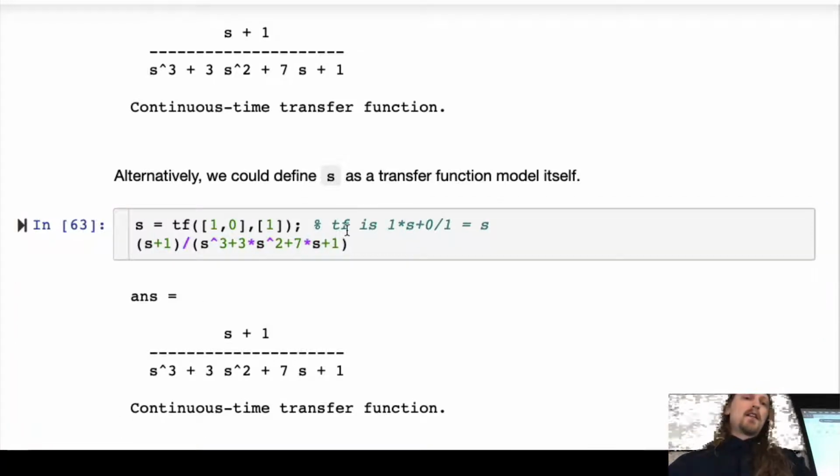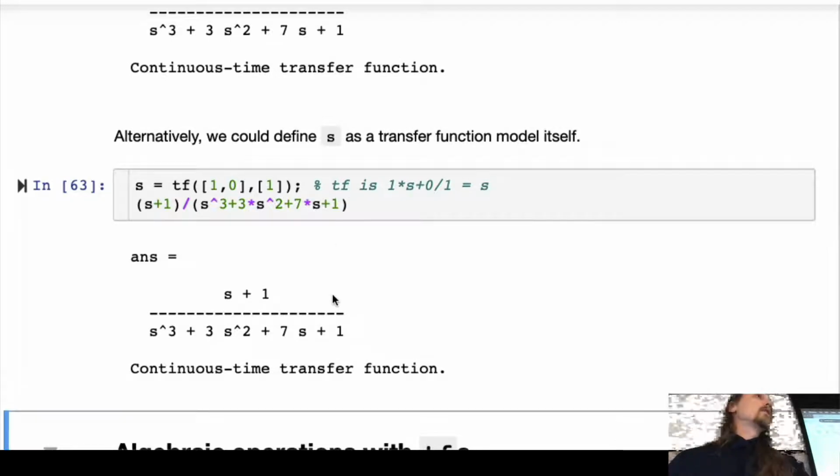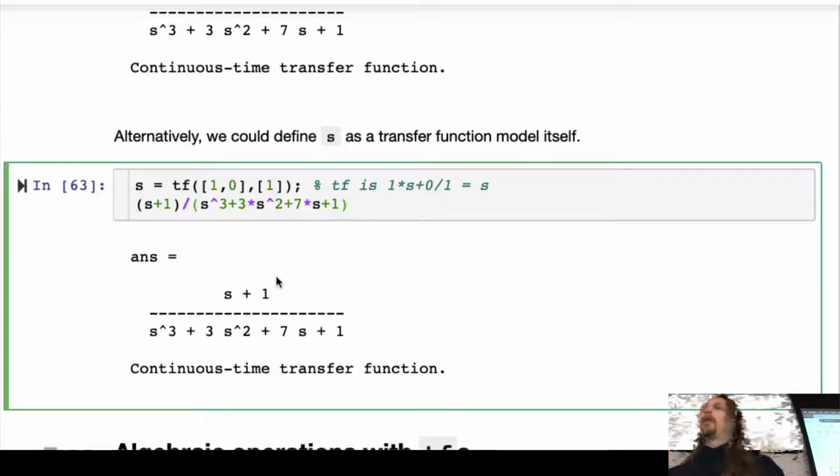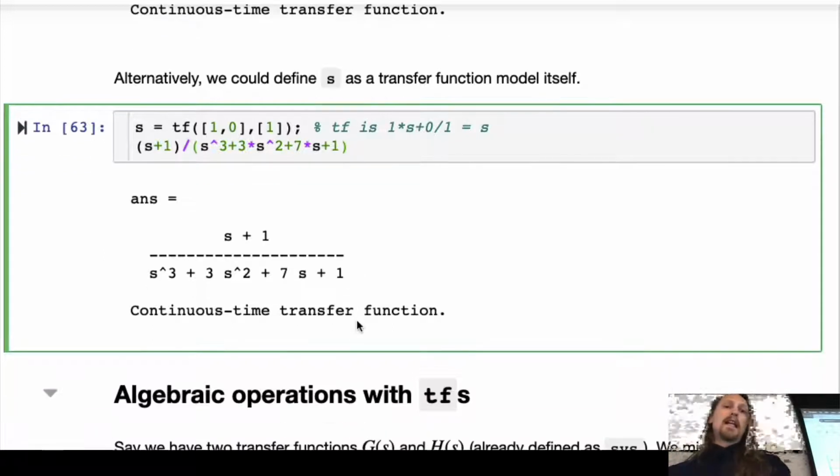And it gives you the same thing. So I just wanted to show you that there's that way to do it too. Some people find this useful because they get to write out the s cubed and all that. It's just a matter of preference.